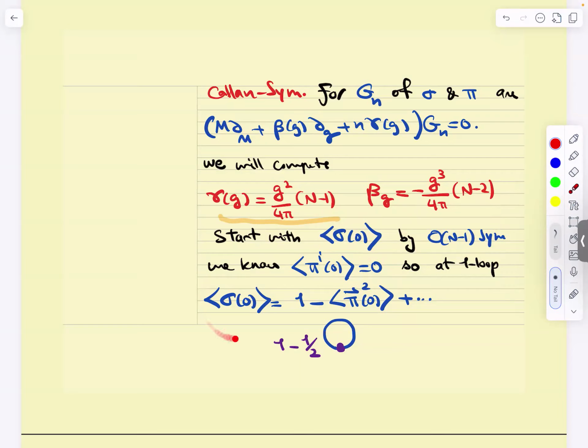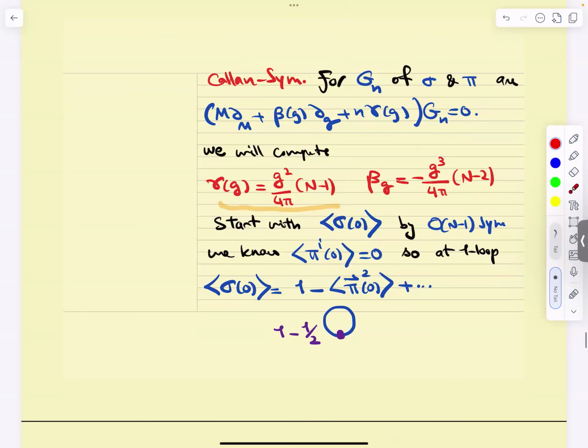So sigma of 0 is the expectation value. What was it? What is sigma? Sigma is square root of 1 minus pi squared. So just expand it, sorry, expand the square root, and you're going to end up with an expression like this.